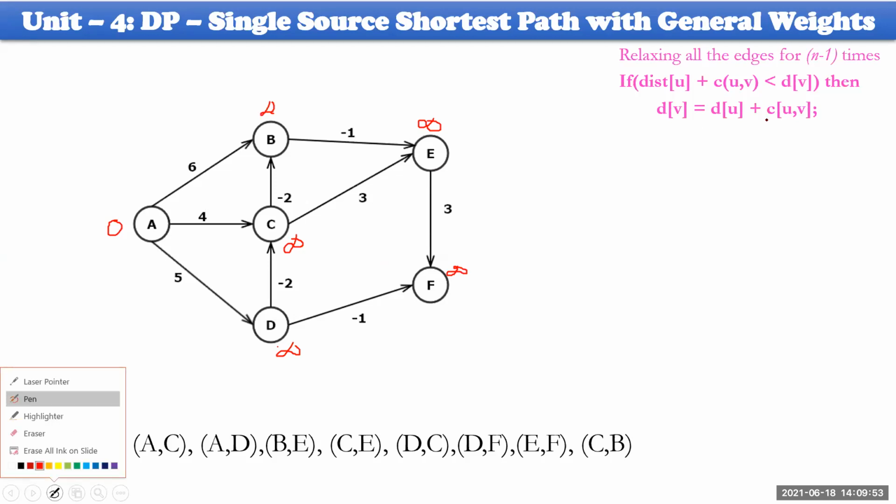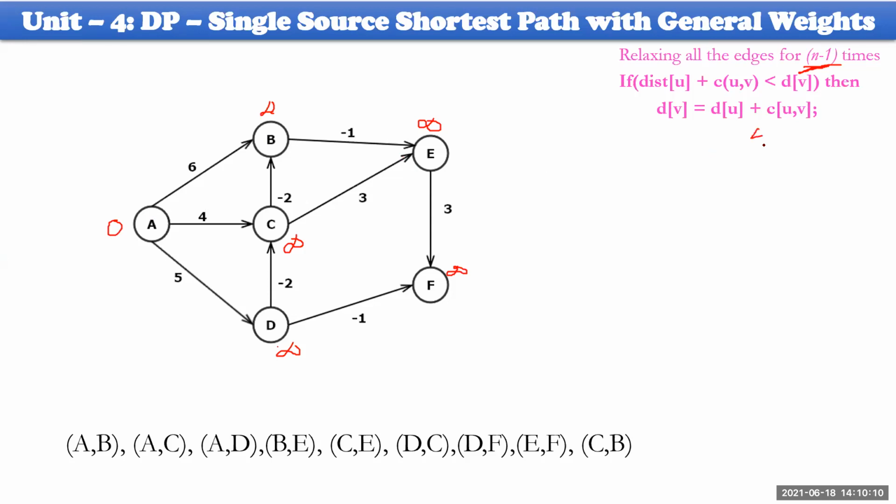Then how many times are you supposed to relax these edges? N minus 1 times. How many vertices are here? A, B, C, D, E, F. Totally 4 plus 2, 6 vertices. So you apply this relaxation 5 times, since 6 minus 1 is equal to 5 times.